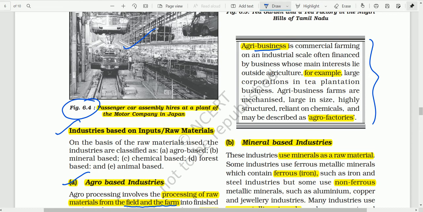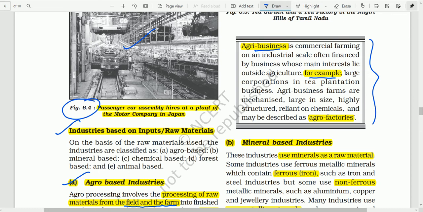It is a type of commercial farming run by businessmen, and their interests lie outside agriculture. That is, the main interest is to supply the raw material to the factories. For example, large corporations in tea plantations.